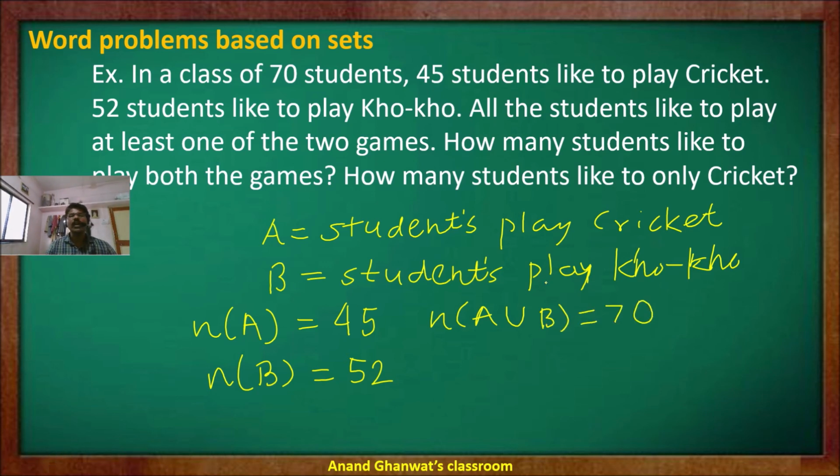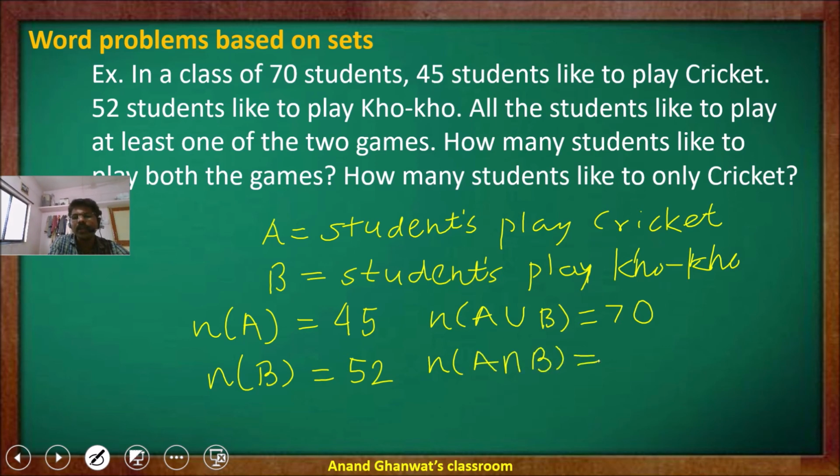So we have to find how many students like to play both the games, which means we have to find n of A intersection B. Also we have to find how many students like to play only cricket, which means we have to find the number of elements in A minus the number of elements in A intersection B.